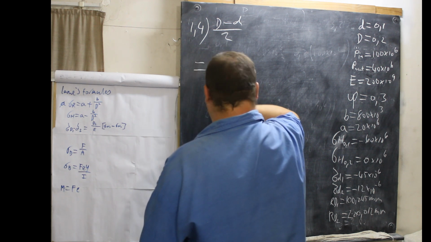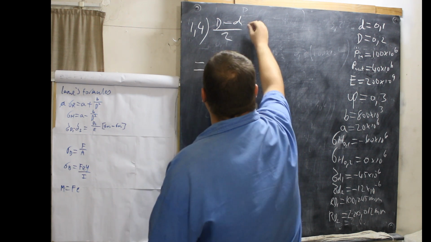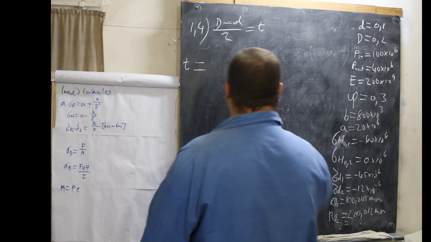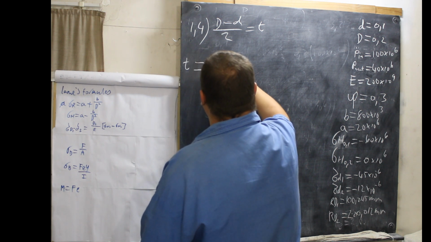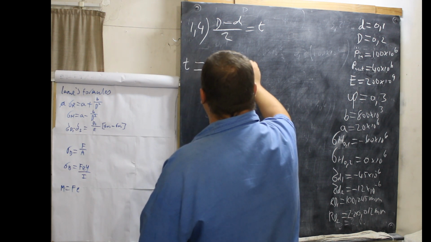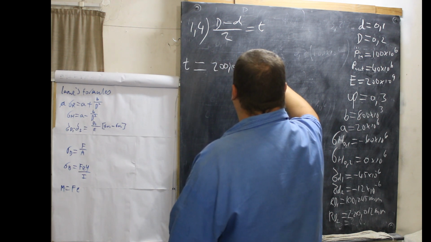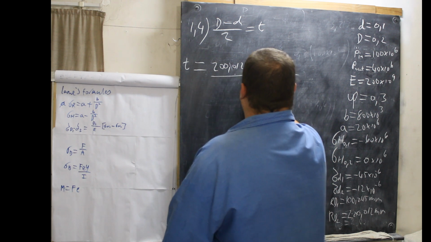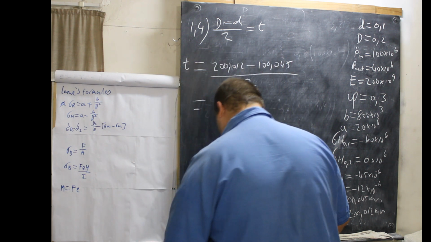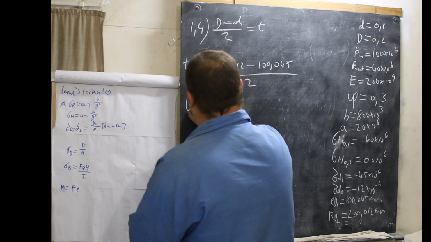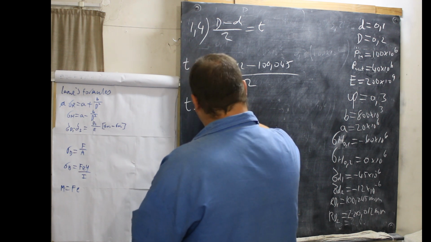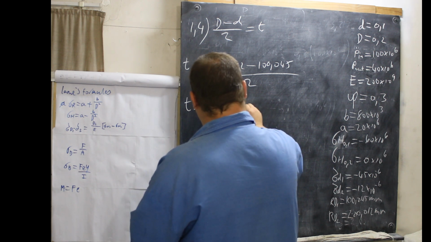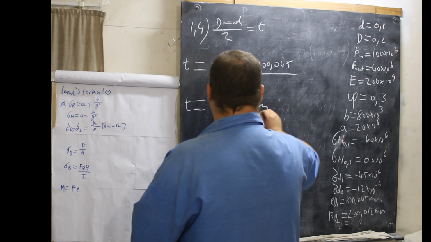So thickness equals 200.012 minus 100.045, divided by 2. Our answer for the resultant thickness is 49.984 millimeters.